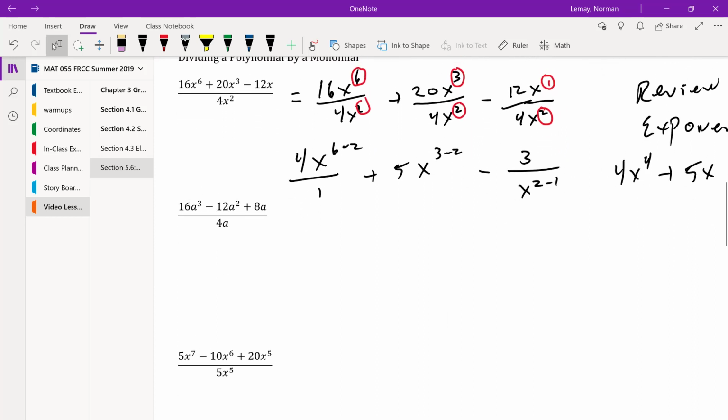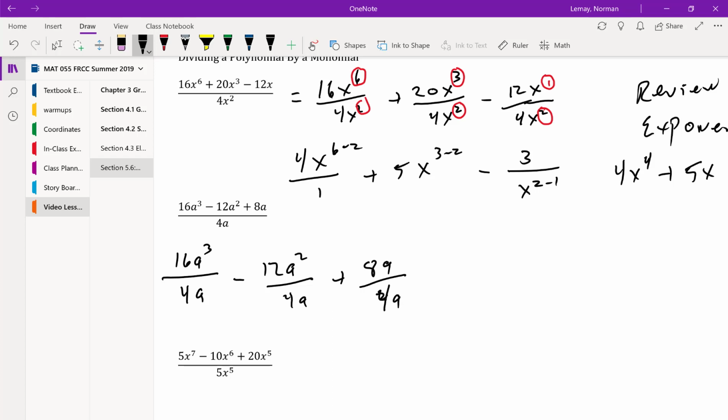All right, so for this one, notice that we'll do the same thing. So a monomial goes into a polynomial. So again, we get 16a cubed divided by 4a minus 12a to the second divided by 4a plus 8a divided by 4a. Okay, so again, notice that these powers are bigger, so we'll just retain these up top.